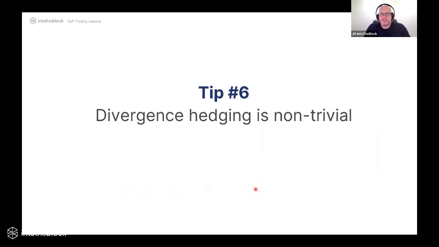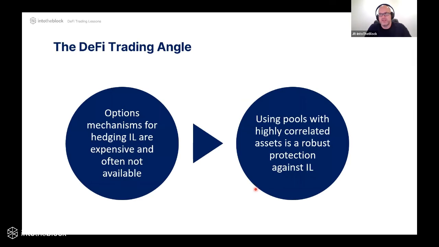Impermanent loss or divergence hedging is one of the areas that the industry talks a lot about. This is far from trivial. I cannot tell you how many hours and how many things we have tried here. At this point, I'm convinced that there is no universal solution to hedge impermanent loss other than a token solution, somebody that launches a token that moves inversely to the impermanent loss, or some insurance products or things like that.